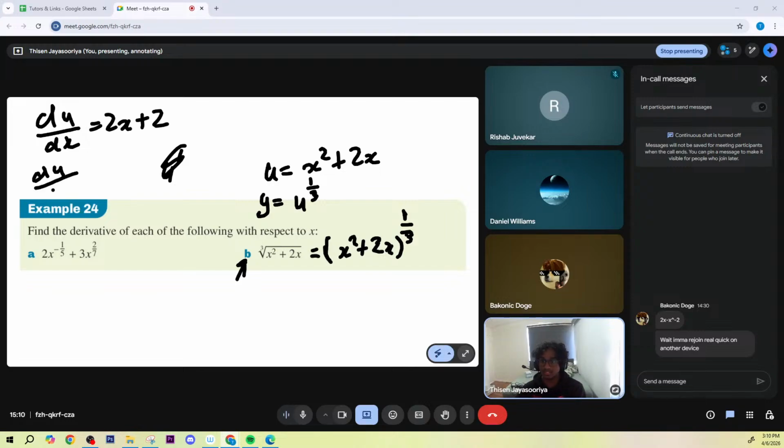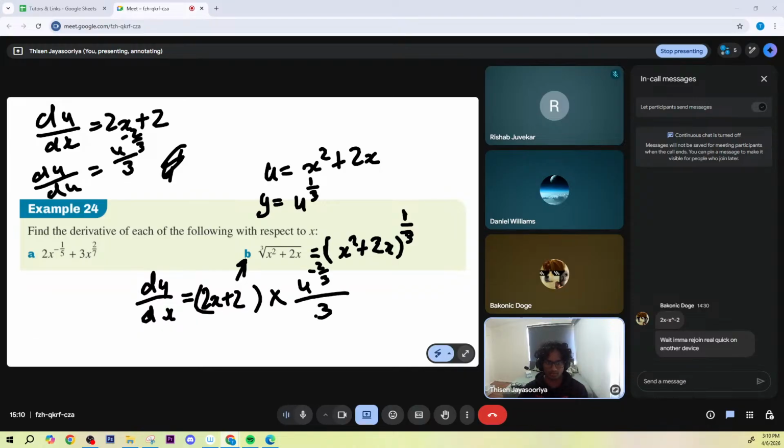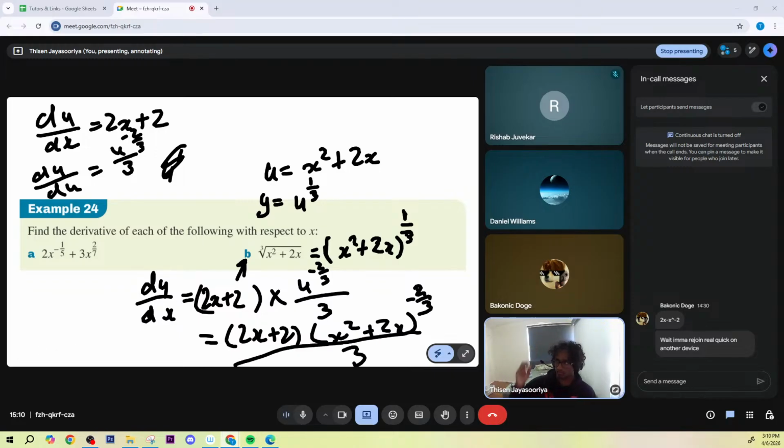And dy on du is equal to u to the power of negative 2/3 over 3, which means that dy on dx equals 2x plus 2 brackets, times u to the negative 2/3 over 3, which is just the same thing as 2x plus 2 brackets, x squared plus 2x to the negative 2/3, all over 3. Does that make sense for the three of you?